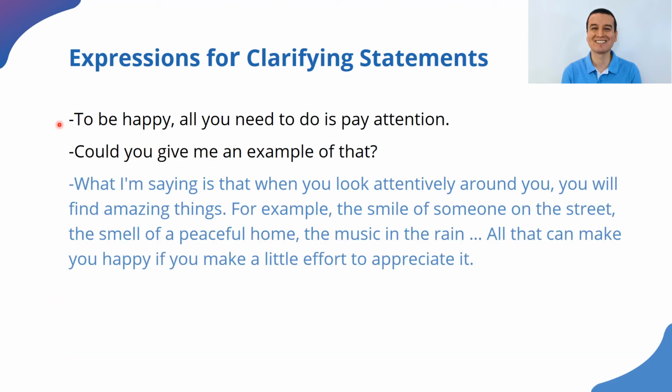To be happy, all you need to do is pay attention. Could you give me an example of that? What I'm saying is that when you look attentively around you, you will find amazing things. For example, the smile of someone on the street, the smell of a peaceful home, the music in the rain. All that can make you happy if you make a little effort to appreciate it.